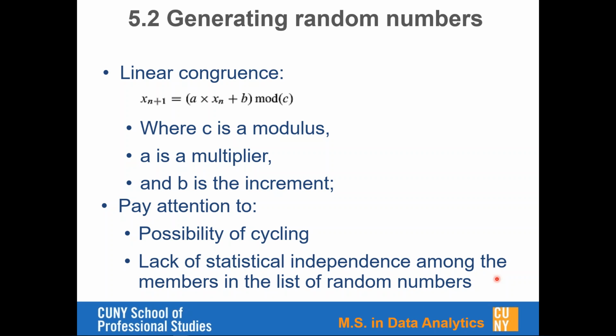In reality, you have to pay attention to the possibility of cycling, and the lack of independence among the numbers in the list of random numbers. Here I don't have a specific example for you, but as you can imagine, with the right selection of a, b, and c, you can possibly have a very different cycle for the random number generator.